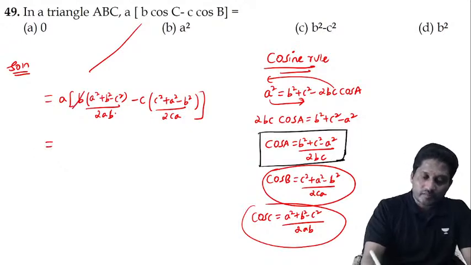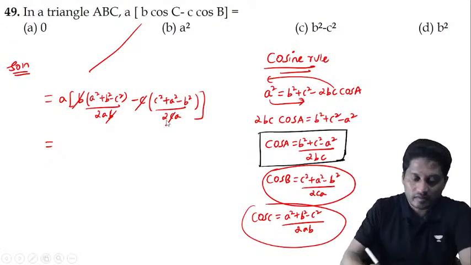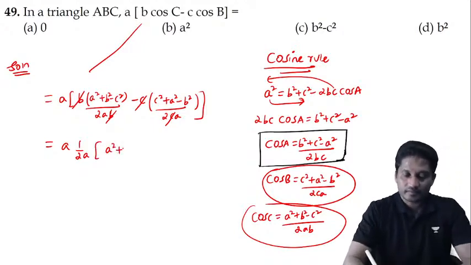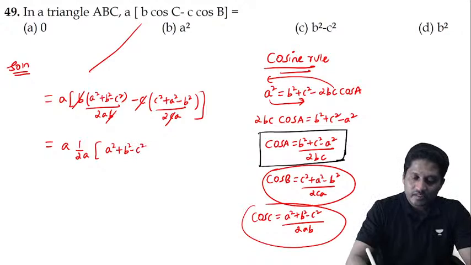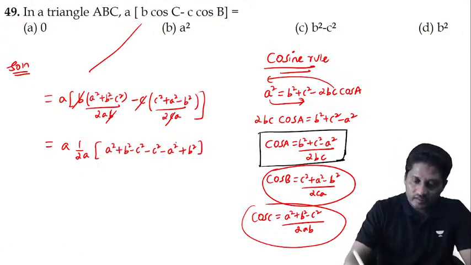I'm going to cancel B with B and C with C. So this is A into 1 by 2A. I'll take it outside as common. Left out is A square plus B square minus C square, open the bracket, minus C square minus A square plus B square.